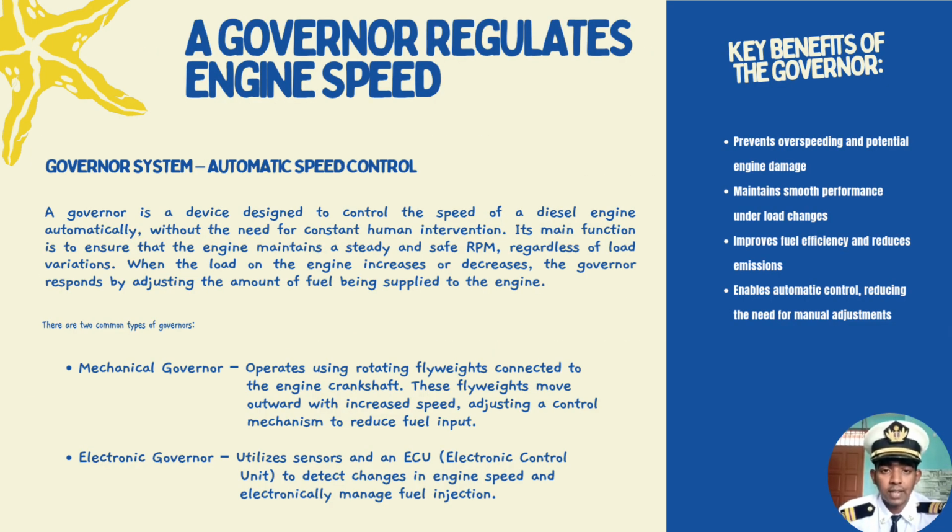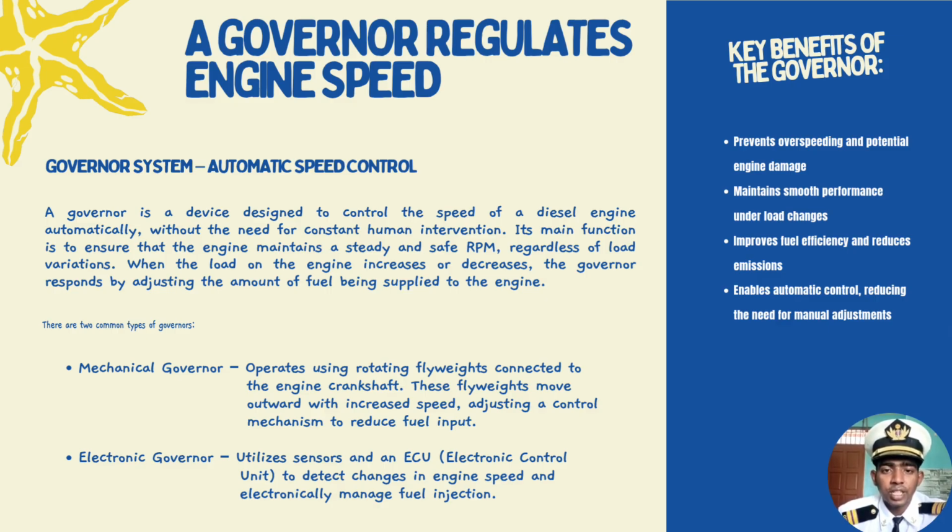Okay, now let us see how the governor regulates engine speed. The governor system is automatic speed control. A governor is a device designed to control the speed of the diesel engine automatically without the need for constant human intervention.